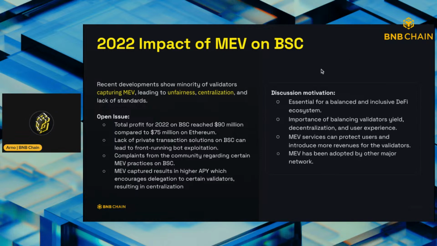So this open issue of potentially having centralization or unfairness in the network was something quite important for the community to work on. For that reason, the developer community started to discuss heavily introducing MEV on BSC for multiple validators and for all the community.